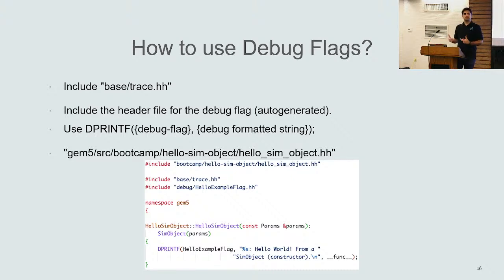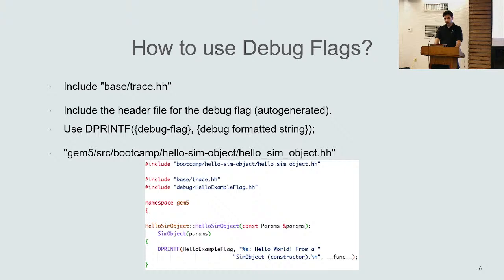There is a printf-like statement called DPRINTF, which lets you print debugging statements. And the way that you use it is just adding one extra argument to the printf function. That is the name of the debug flag, and then a formatted string along with the values that are going to replace the identifiers. So we're going to go ahead and replace that std::cout with a DPRINTF.